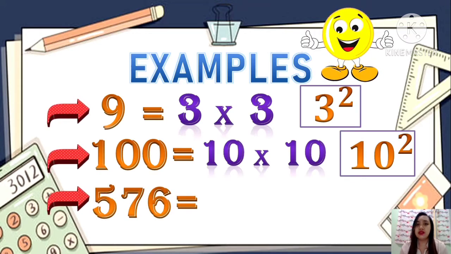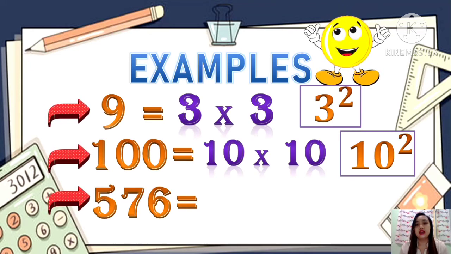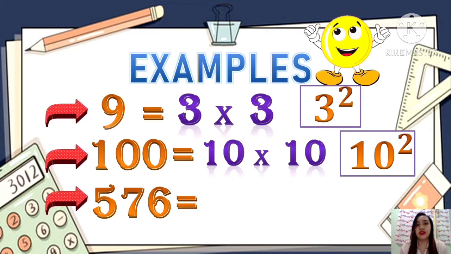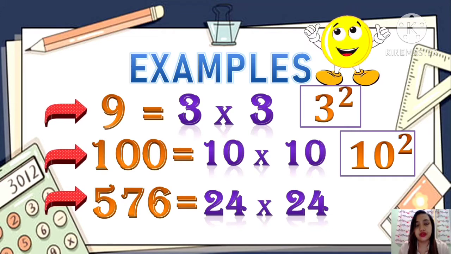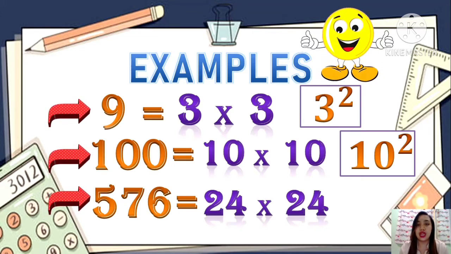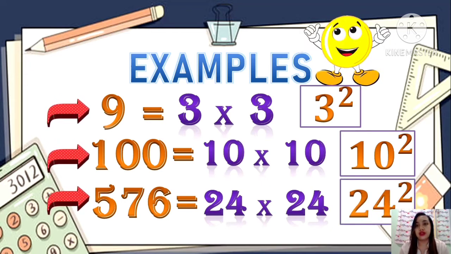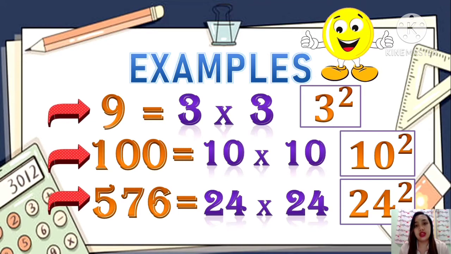Next one, 576. Ano kayang number na kapag minultiply niya sa sarili niya, you will get 576? Got it. It's 24. So 24 times 24, you will get 576, or you can write it as 24 squared. So did you get it?